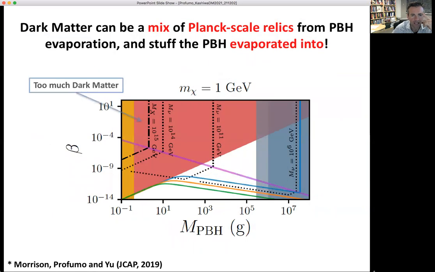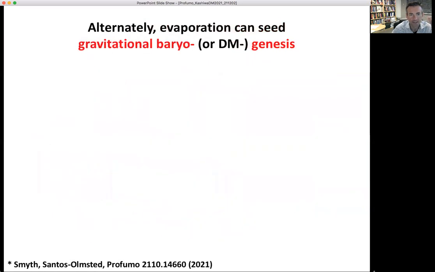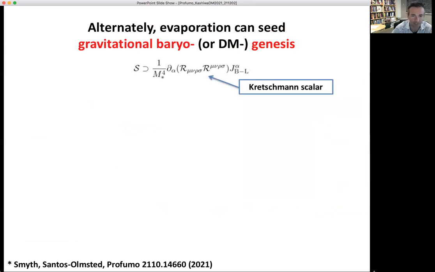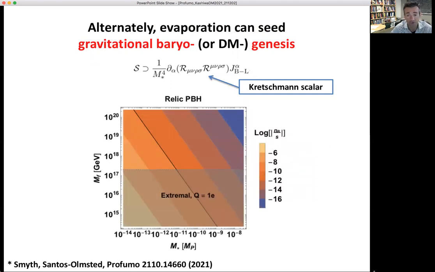Now, more recently, we have also pointed out that the evaporation of black holes can also induce baryogenesis directly, by a coupling of the Kretschmann scalar to a B-L current. And so if evaporation stops at some point, indicated here on the vertical axis, it is possible to produce the right amount of baryon asymmetry from the time variation of the Kretschmann scalar as coupled to the B-L current, as well as the dark matter, as long as the relics have mass in this vertical axis scale.